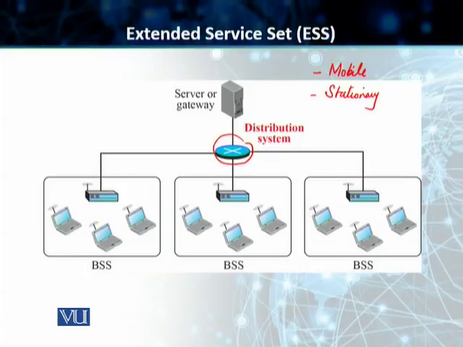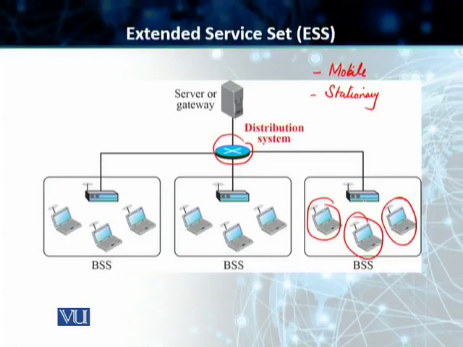In this case, as you can see, the normal stations, your wireless hosts, are mobile, and they are free to move inside your BSS. And students, your access points are part of the wired LAN, and therefore they are stationary, and then behind the distribution system you have a server or a gateway.